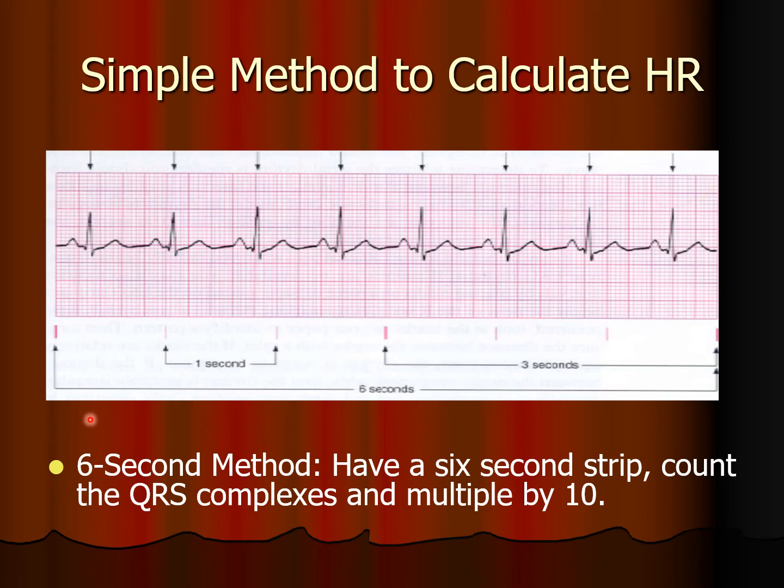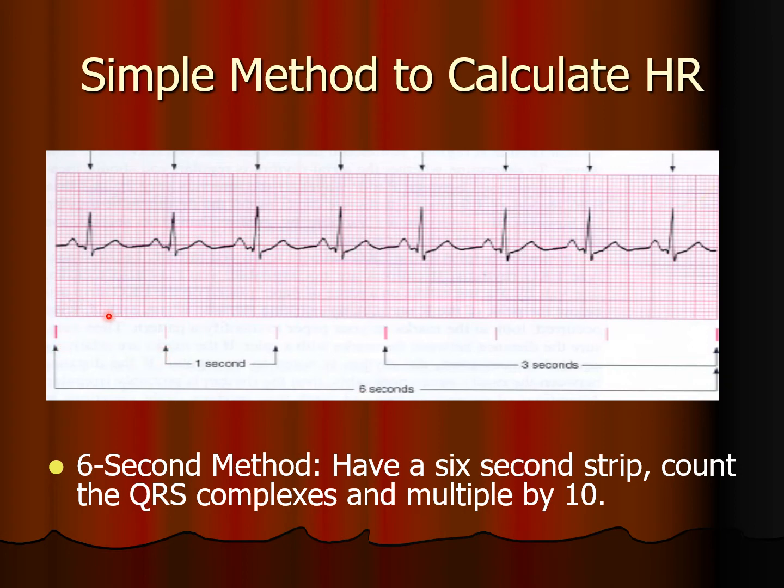Okay. If you're given a strip to interpret, most strips will have little markers at the bottom that tell you where the 6 seconds are, right? And some, see the line's a little bit bolder here and over here at the ends. And then it also counts out the seconds for you. But remember, each one is 0.20 or 0.2.